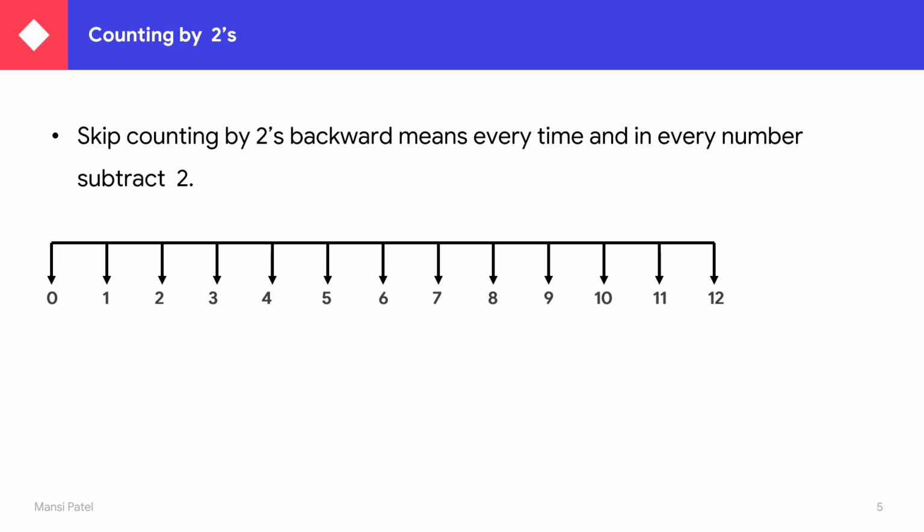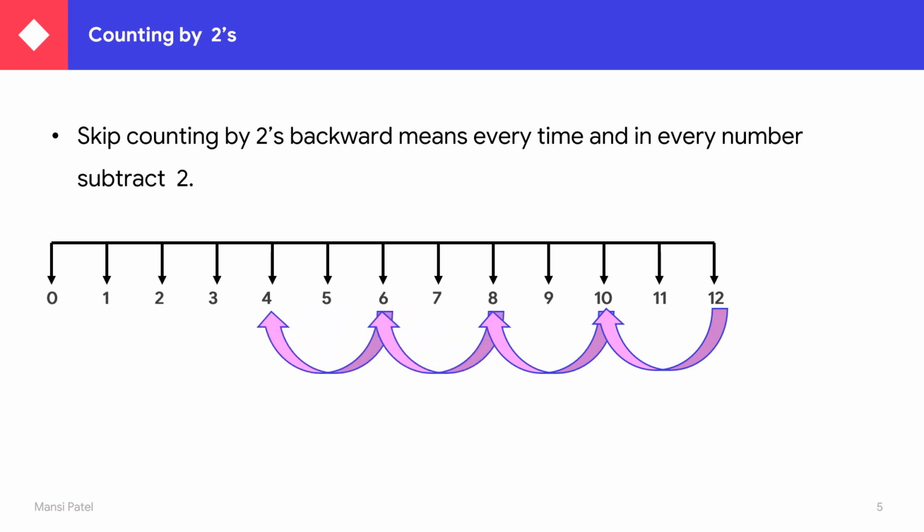So we have to move from back side, from last number. And how many jumps we have to do? 2 jumps. So our first jump 12 to 10, then 10 to 8, then 8 to 6, then 6 to 4, 4 to 2 and 2 to 0.